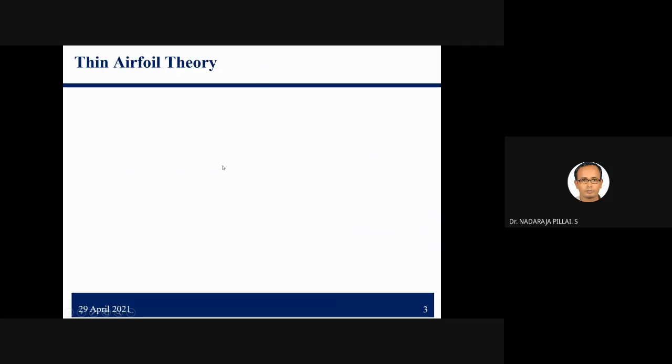In the last class, we calculated the induced velocity at the chord. I will write that once again. I extend this, and this is Z and this is X, and we know that the vortex sheet is placed on the chord line.